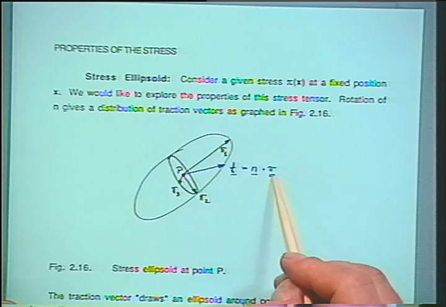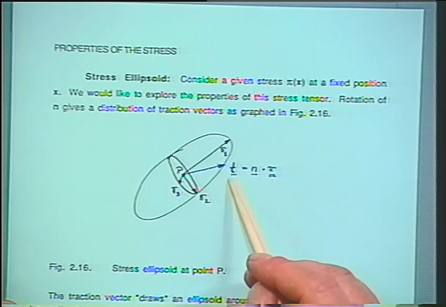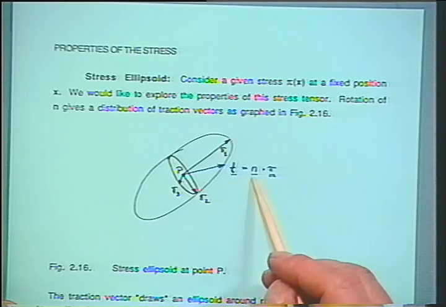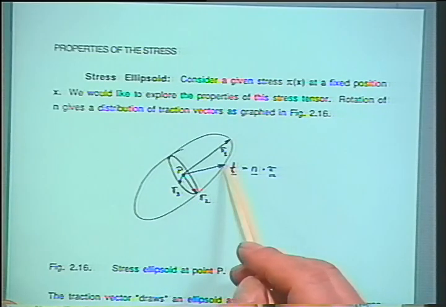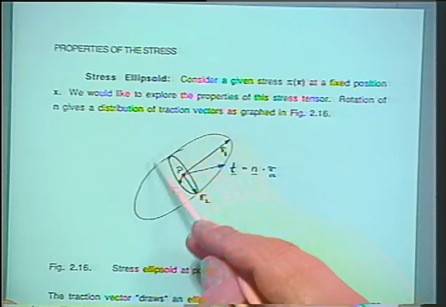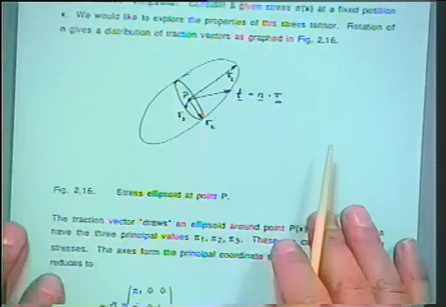Okay, we have all the components of the stress tensor. Now, what would the traction vector do as we change n? And it turns out that the tip of this traction vector moves around an ellipsoid, the so-called stress ellipsoid.